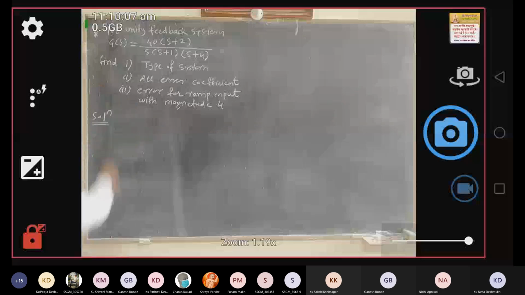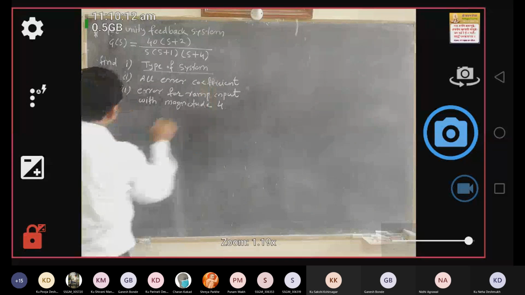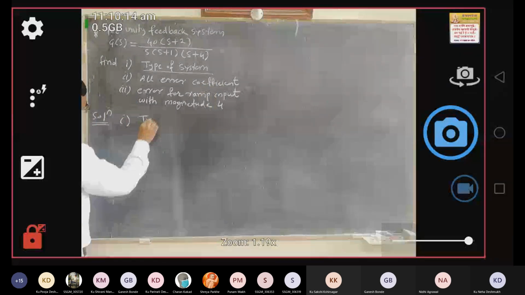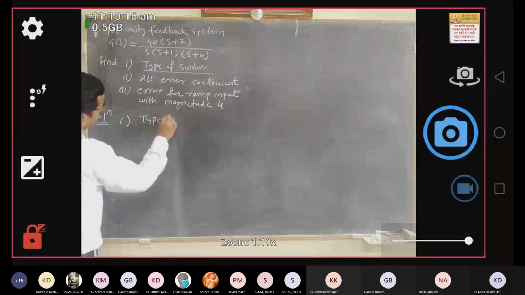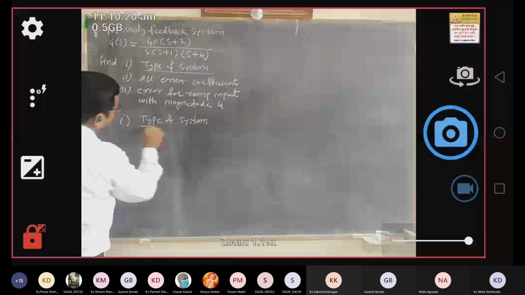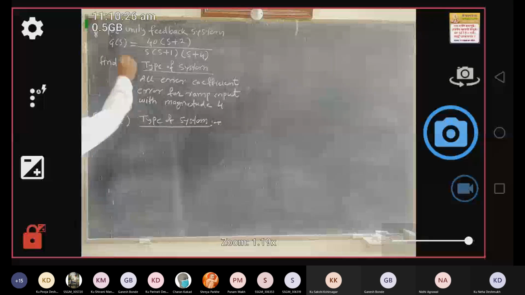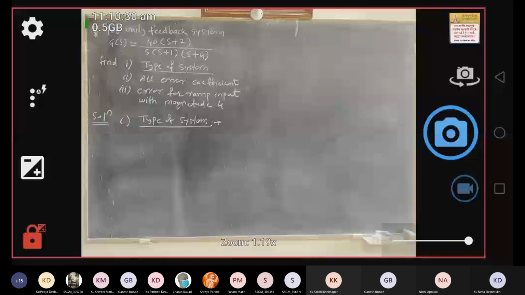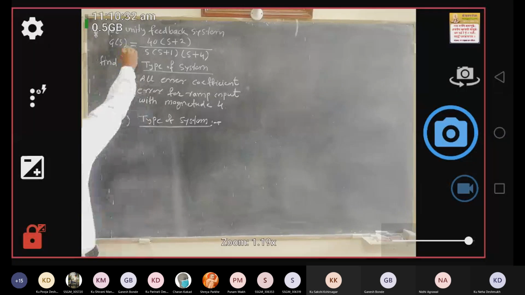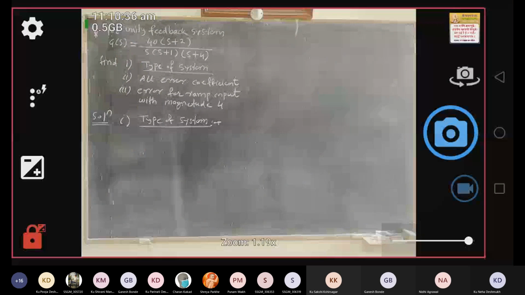Here in this problem, we have to find the type of the system. So first you find the type of the system. How to find the type of the system? This is the open loop transfer function G(s)H(s). Here H(s) is unity, because it is a unity feedback system. That's why H(s) is 1.